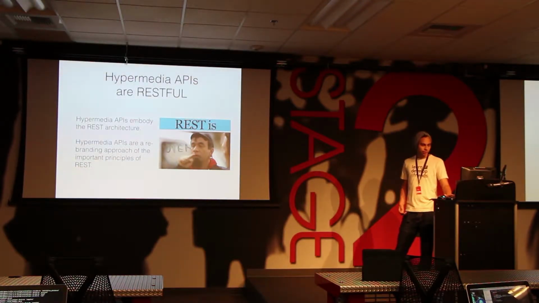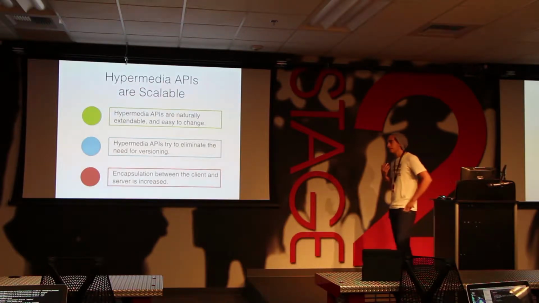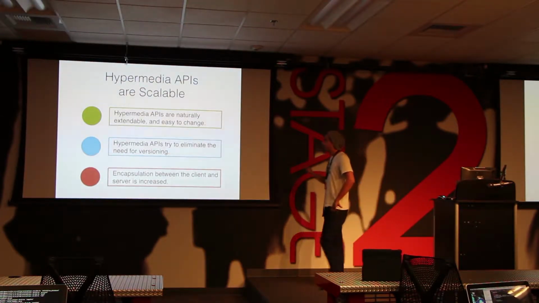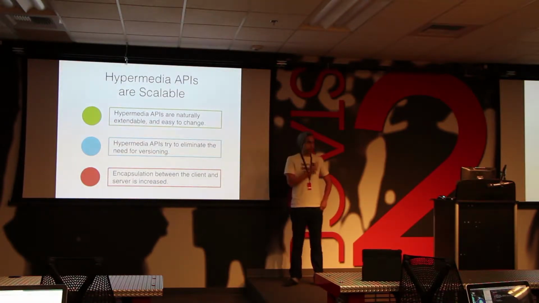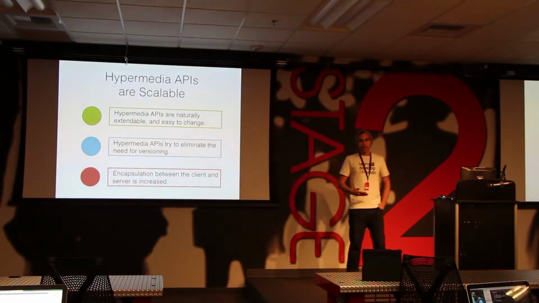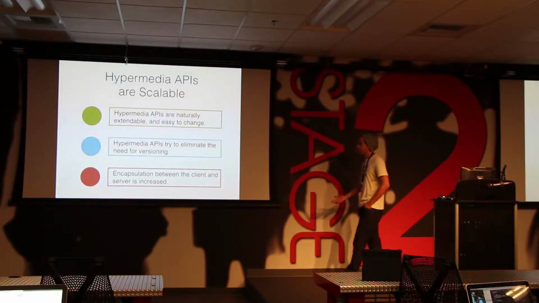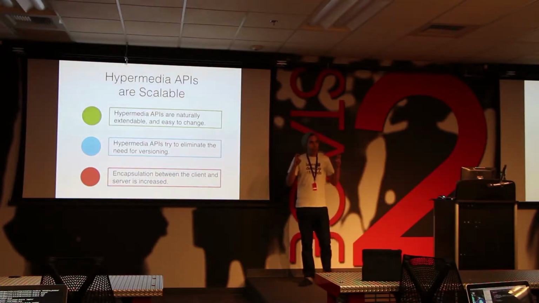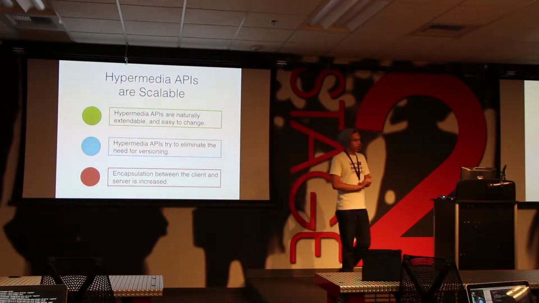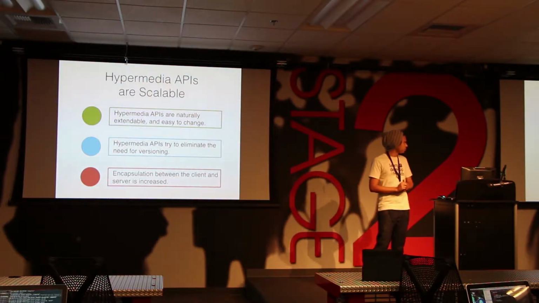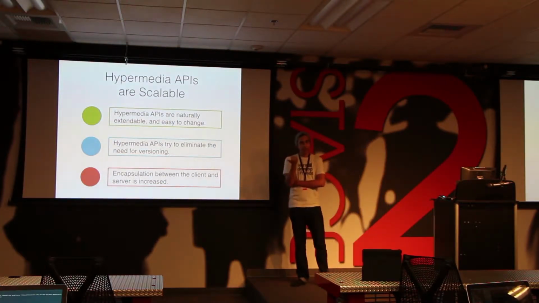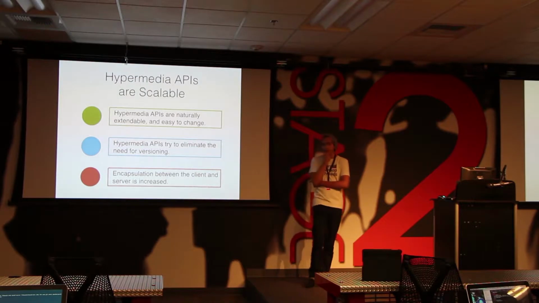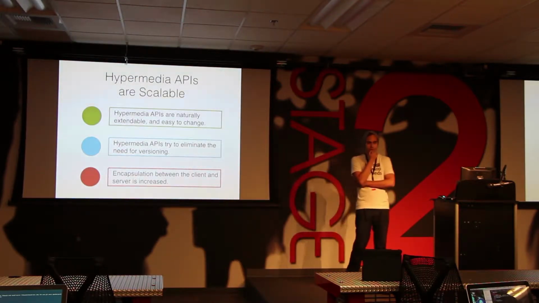Now, the next part for me is that Hypermedia APIs are scalable. With REST, that's kind of implicit, but we've seen REST-like APIs become not scalable because they rely too much on documentation to give us context. So with these three bullet points, I say that Hypermedia APIs are relatively easy to change and are extendable.